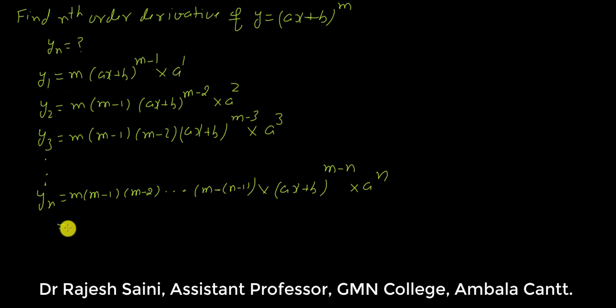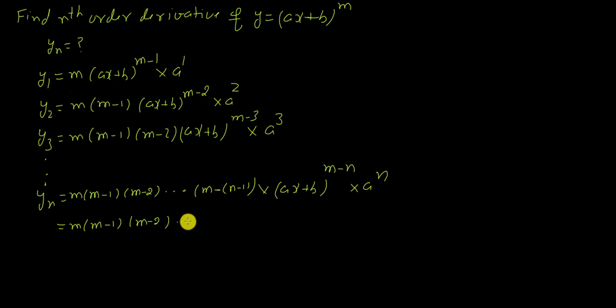So this is further equal to m minus 1, m minus 2, and up to this will open up m minus n plus 1, into (ax plus b) raised to the power m minus n into a raised to the power n. This is yn, and here it is worth mentioning that n is less than m.